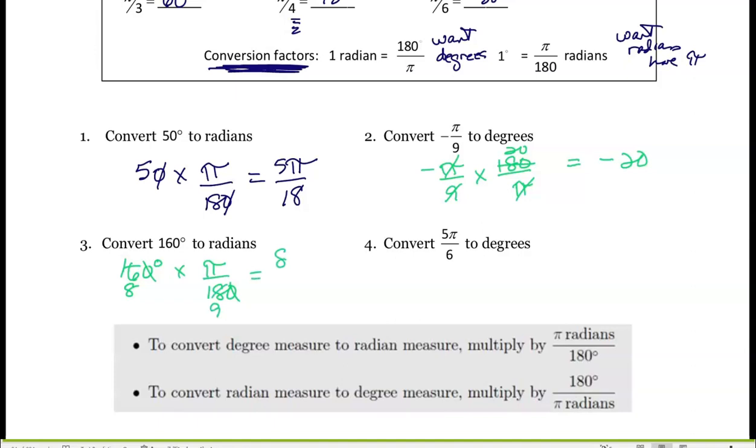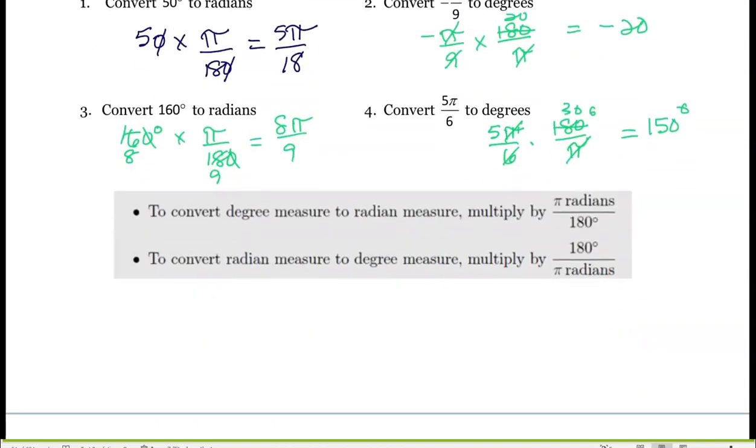So that's going to be 8 pi over 9. 5 pi over 6, I want degrees. Put the 180 on top, put your degrees on top. Cancel the pi's. 6 can go into 180 30 times. 5 times 30 is 150 degrees. So go back, review that, make sure that makes sense to you.